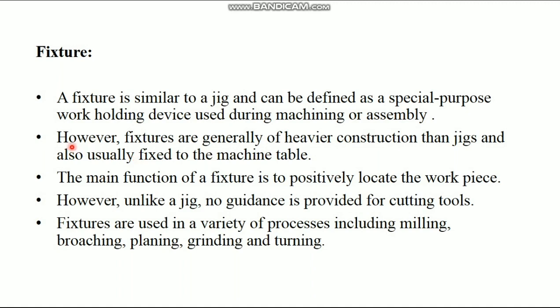However, fixtures are generally of heavier construction than jigs and also usually fixed to the machine table. The main function of the fixture is to positively locate the workpiece. However, unlike a jig, no guidance is provided for cutting tools. Fixtures are used in a variety of processes including milling, broaching, planing, grinding and turning.